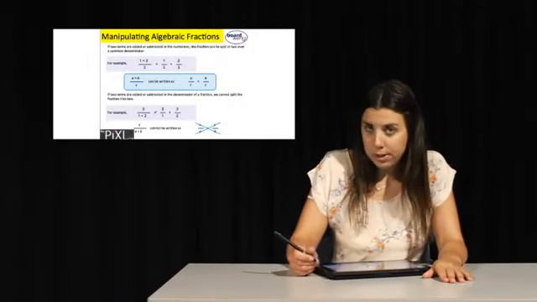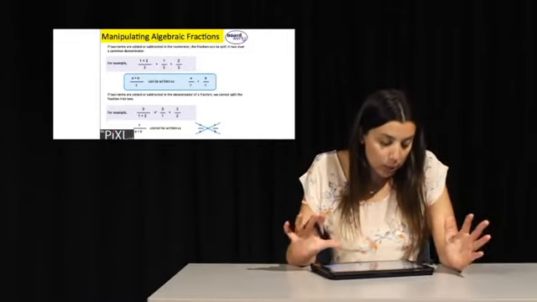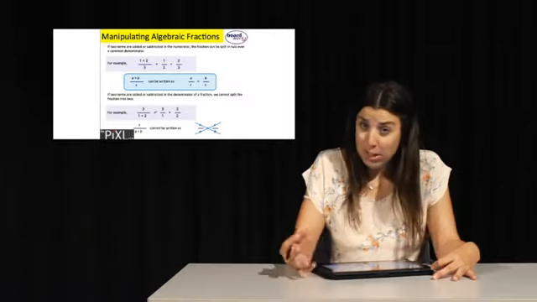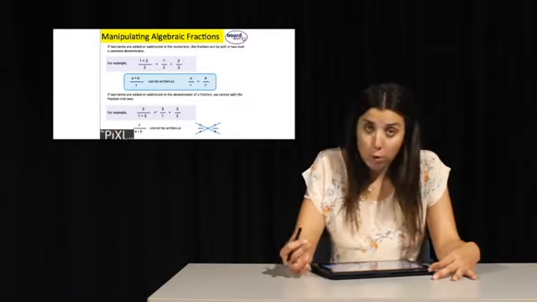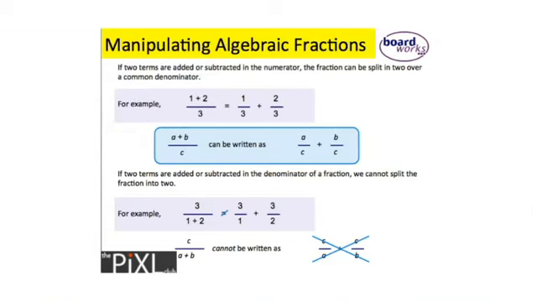Extending what we've just learned, we're going to look at manipulating algebraic fractions by working backwards. So if two terms are added or subtracted in the numerator, like we've just been doing, the fraction can be split in two over a common denominator. For example, 1 plus 2 over 3 can be split into 1/3 plus 2/3.